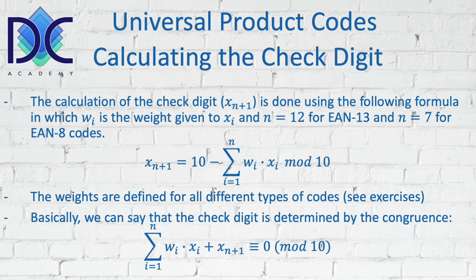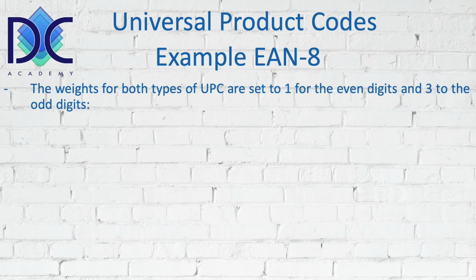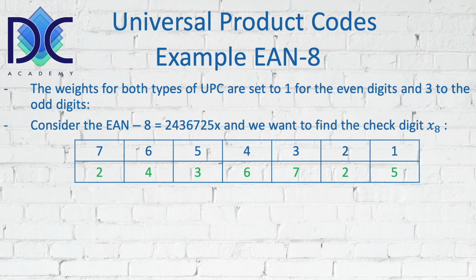Now, what we're going to do here is, in fact, looking at the table. We're looking at a universal product code EAN 8. And the EAN 8 has the following format. So we have 2, 4, 3, 6, 7, 2, 5, x, and we want to find the check digit x8. So we put them from right to left, so we have 7, 6, 5, 4, 3, 2, and 1.